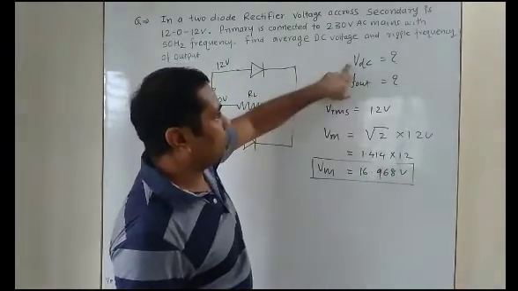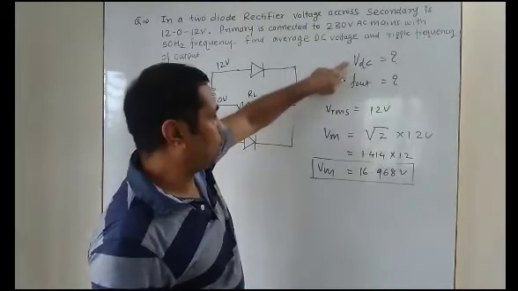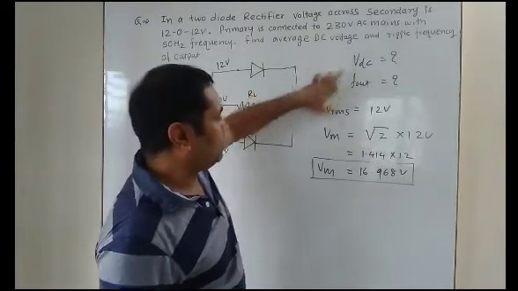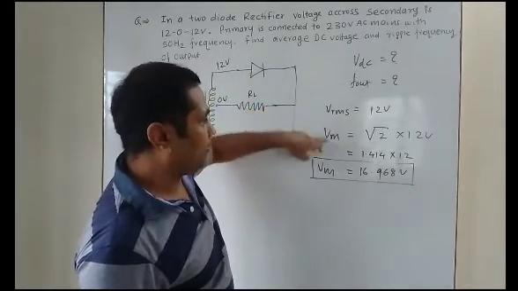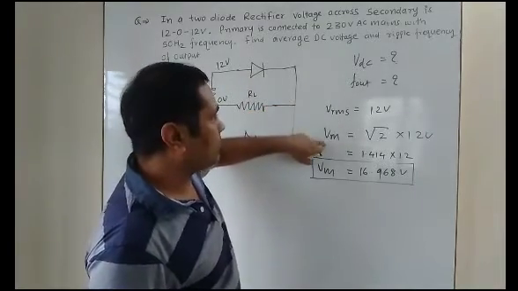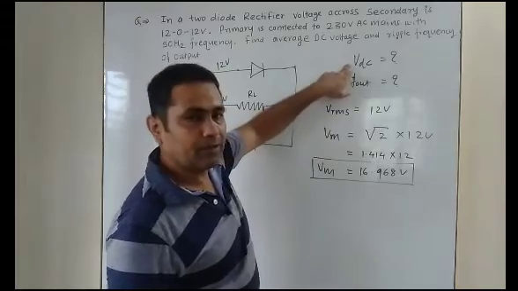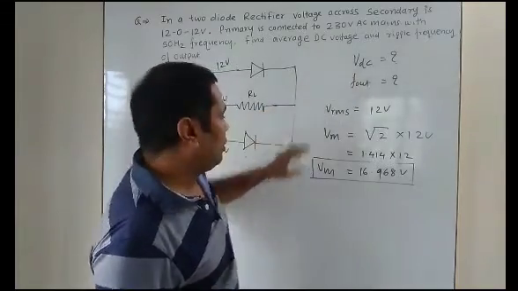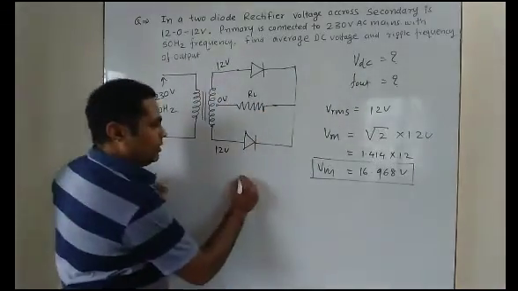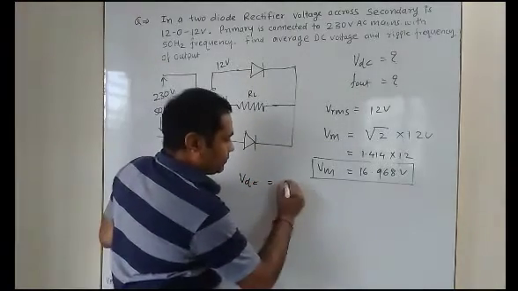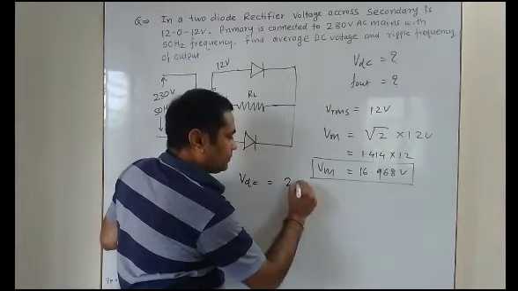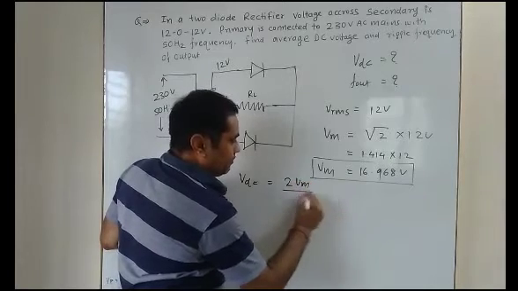Now, second, to calculate VDC, first we have to know Vm. Only Vrms was given, so we have converted it into the max value, and we have to put this value in the formula for VDC. In a full wave rectifier, the DC voltage is always calculated by this formula: 2 Vm by pi.